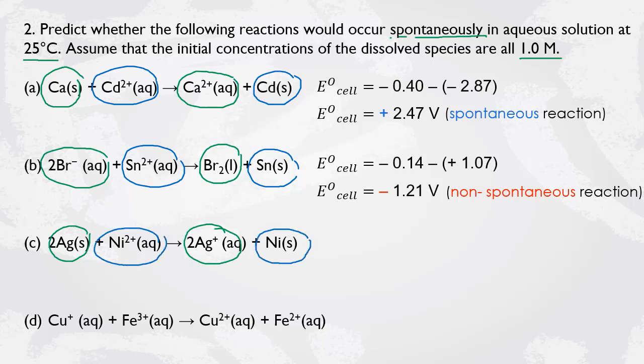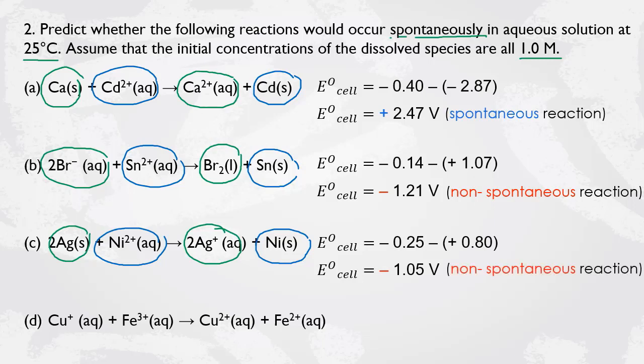So nickel will be the cathode with a value of negative 0.25 and silver with a value of positive 0.80. Once we calculate this value, we're going to get negative 1.05 volt. Negative means less than 0, therefore non-spontaneous reaction.